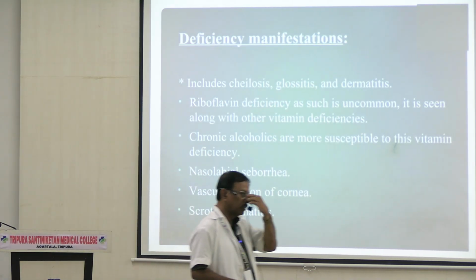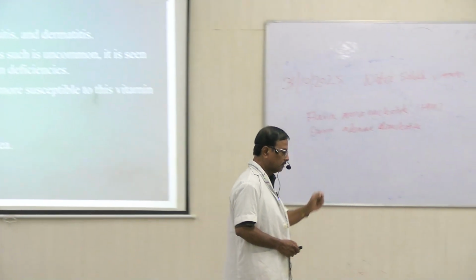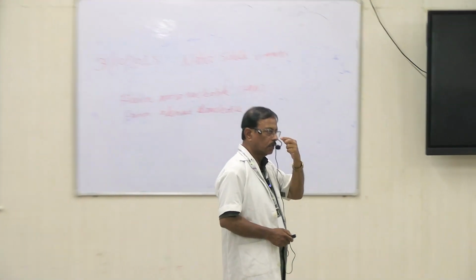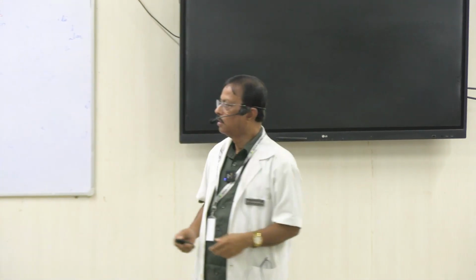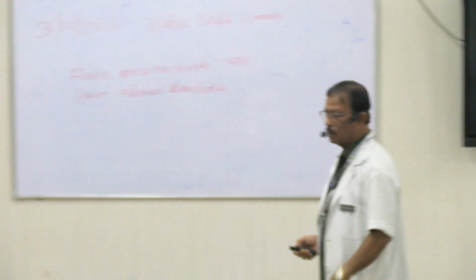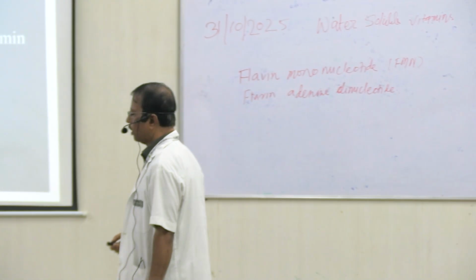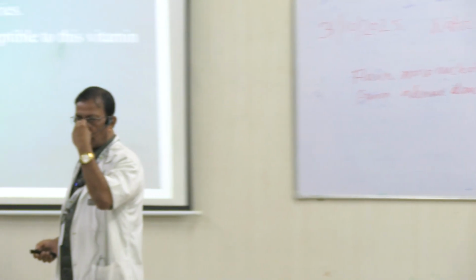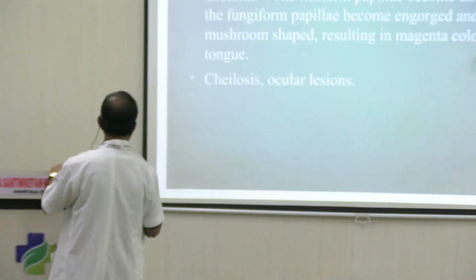Seborrhea means in the nasolabial area it will be oily, as if some oil has been applied over the skin. So this is seborrheic dermatitis. You will know it as you learn more. Vascularization of the cornea means there will be redness of the periphery of the cornea.